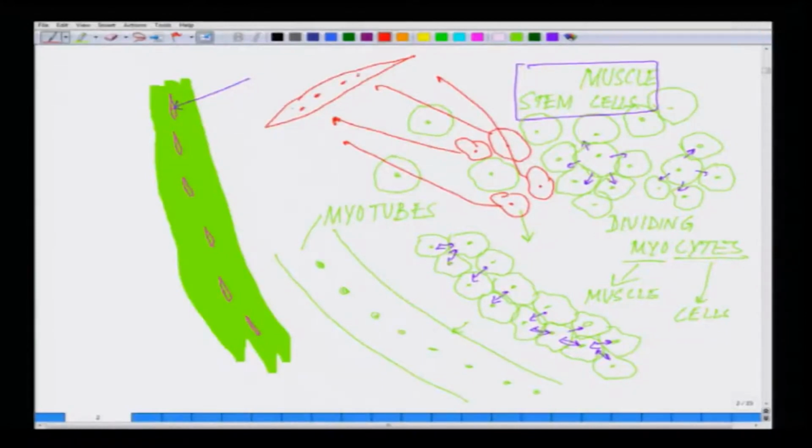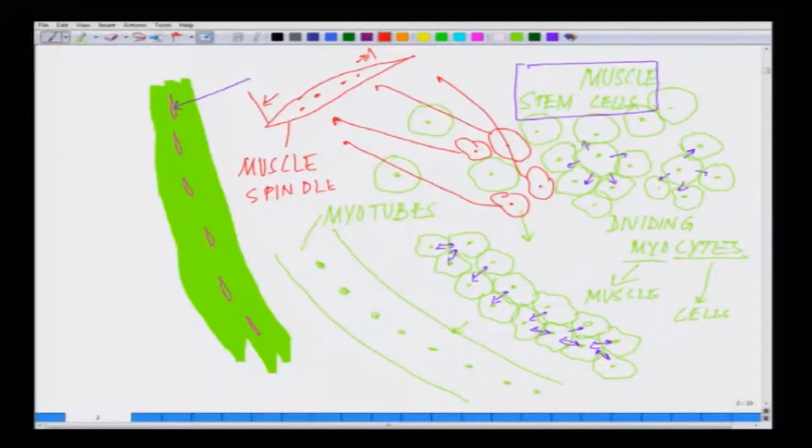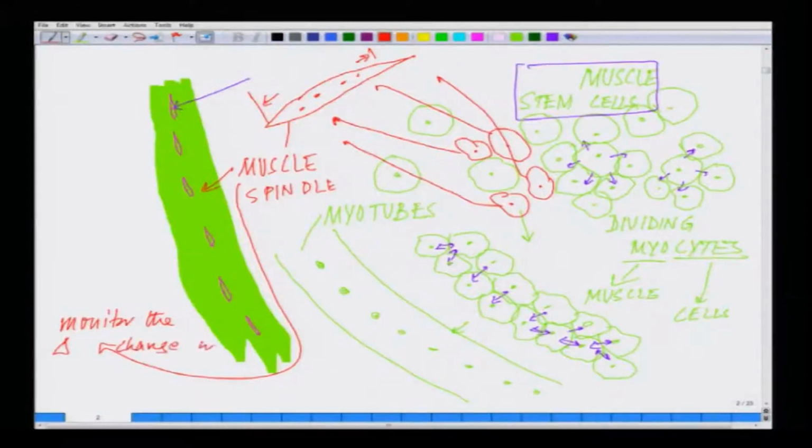These are called muscle spindles, which are essentially this kind of structure, and these muscle spindles have the ability to monitor the change in length of the muscle. Okay. This is one existing theory. It is not really clear.